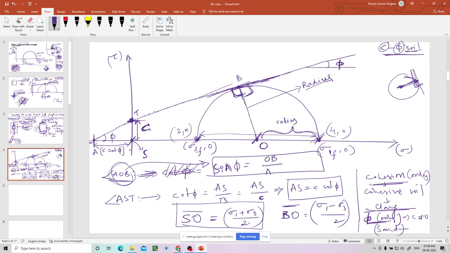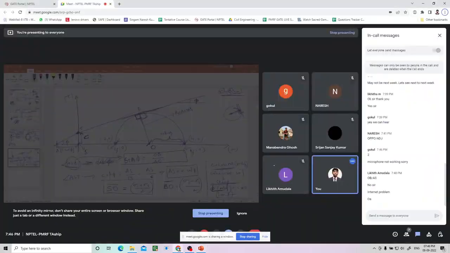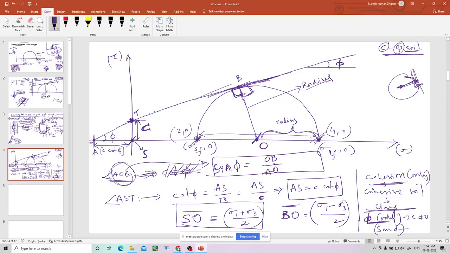OB by AO. Now you know OB, nothing but BO, in terms of sigma 1 and sigma 3. Also AO is in terms of sigma 1 and sigma 3 and phi, because you know AS and you know SO, nothing but AS plus SO, right?